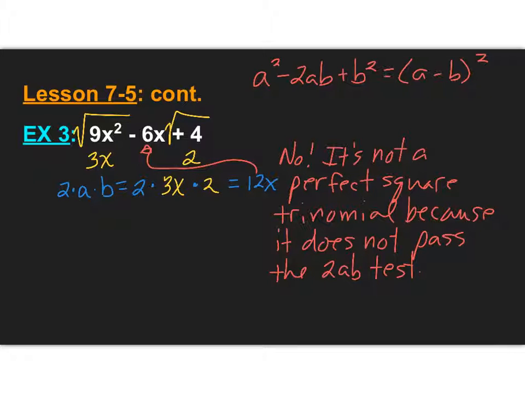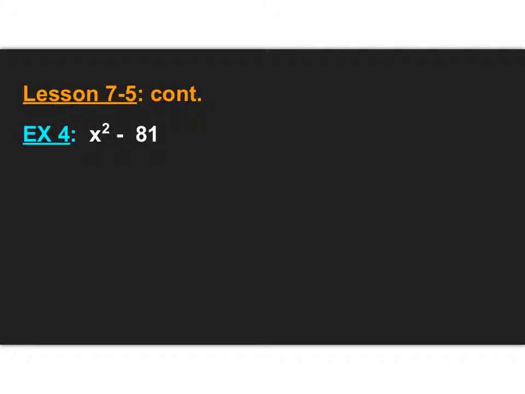All right, so let's look at some binomials. So example 4. Now in example 4, we have a binomial, 2 terms, and we have a minus. So our other special product would be the difference of 2 squares.